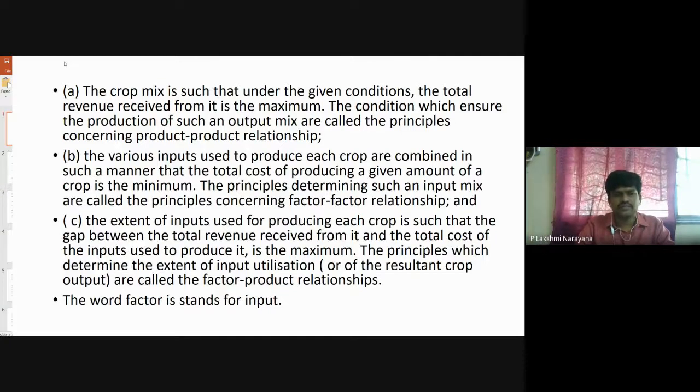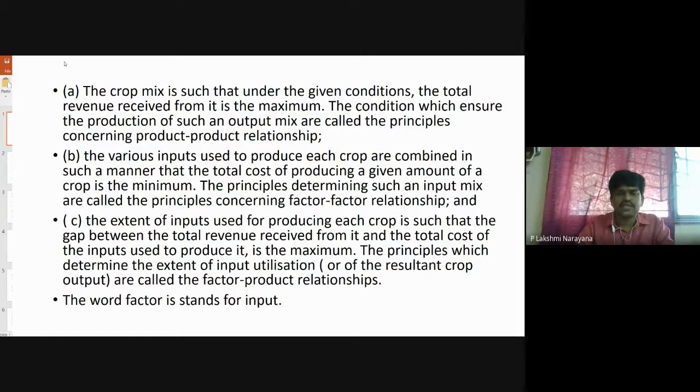And the extent of input use for producing each crop is such that the gap between the total revenue received from it and the total cost of the inputs used to produce it is the maximum. The principles which determine the extent of input utilized or the resultant crop output are called the factor product relationship.